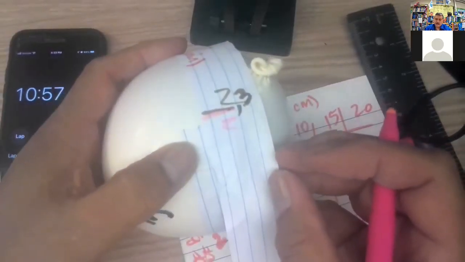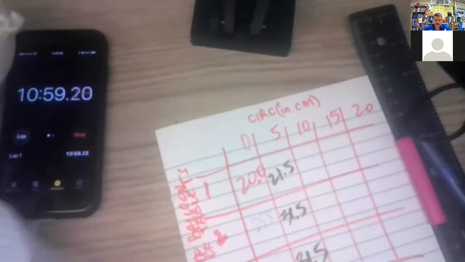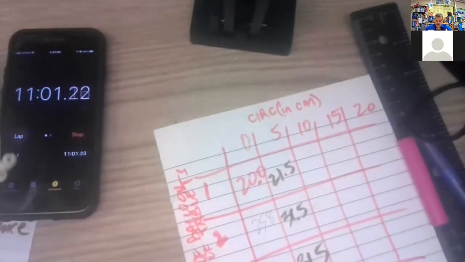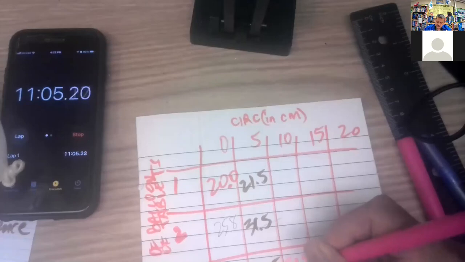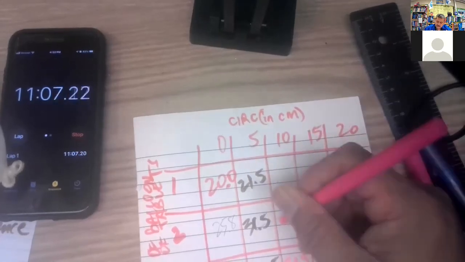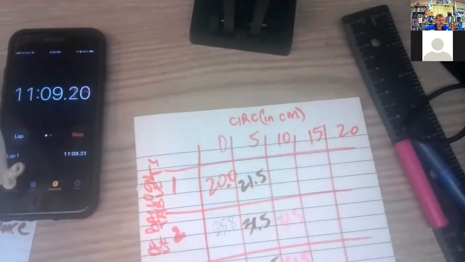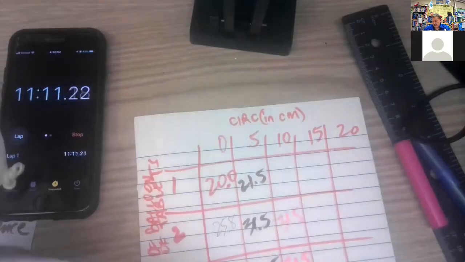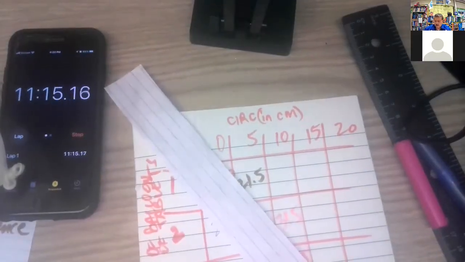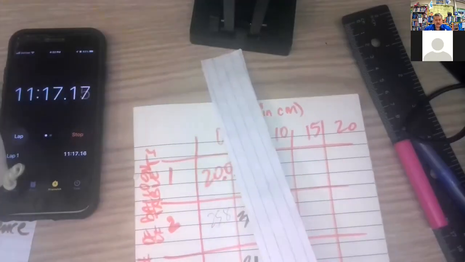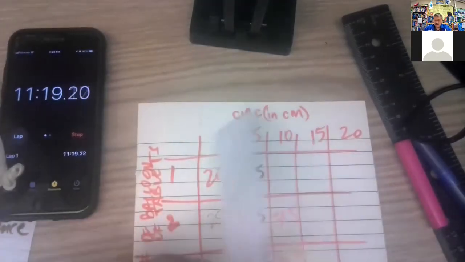Saying the reaction is stalled out. Right now we got 31.5 for this one, 31.5 at 10 minutes, and then this one right here. Might be just a measurement thing, huh?